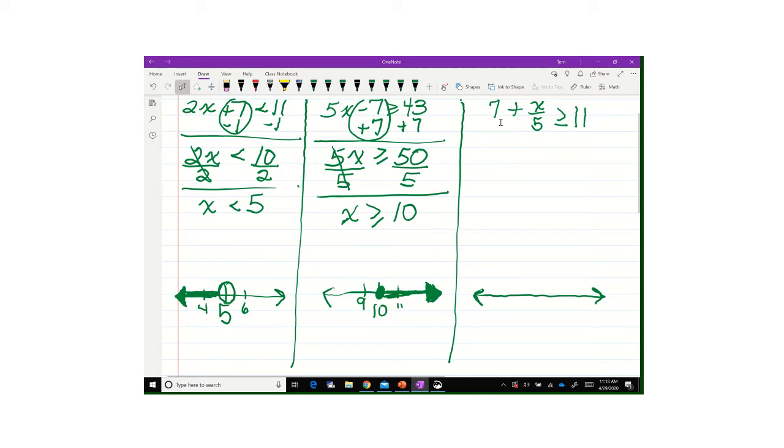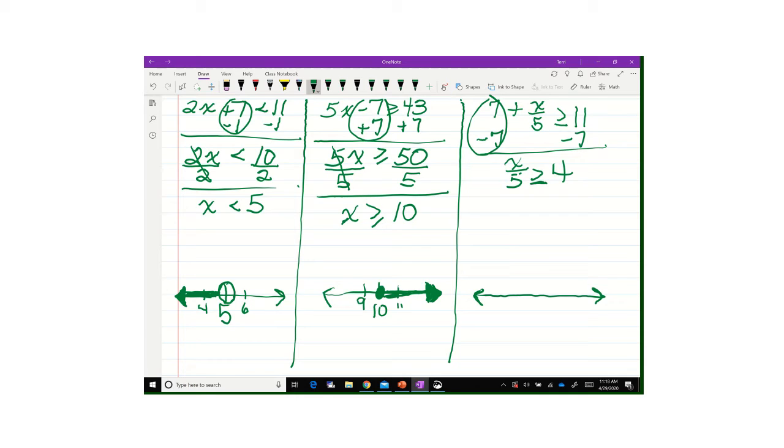I still need to get rid of this constant number first. Because that's positive, we're going to subtract the 7 from both sides. Opposites again are going to form that 0. And I have x divided by 5 greater than or equal to 4. So 11 minus 7.